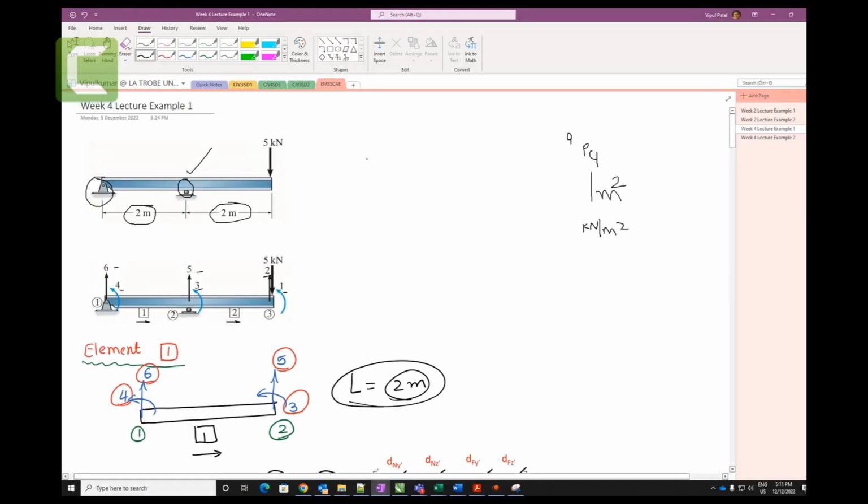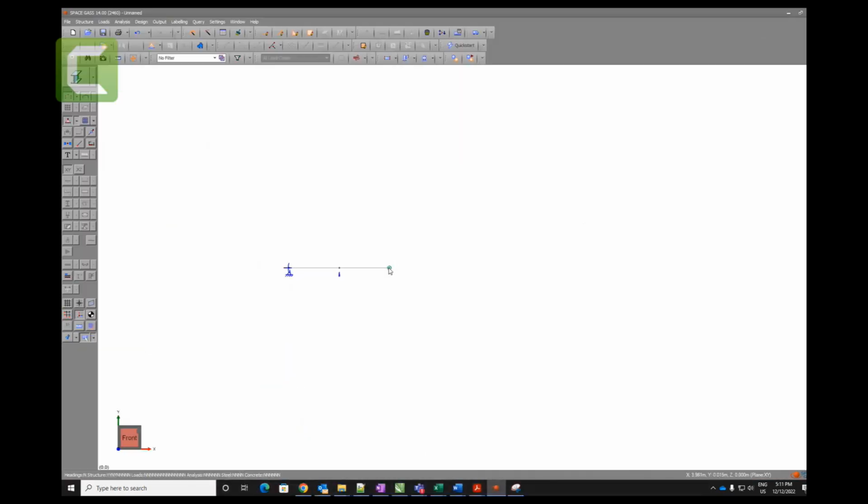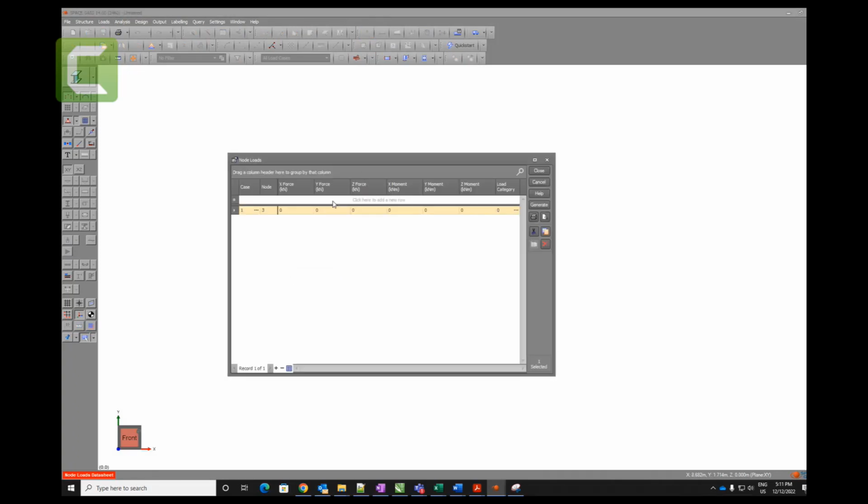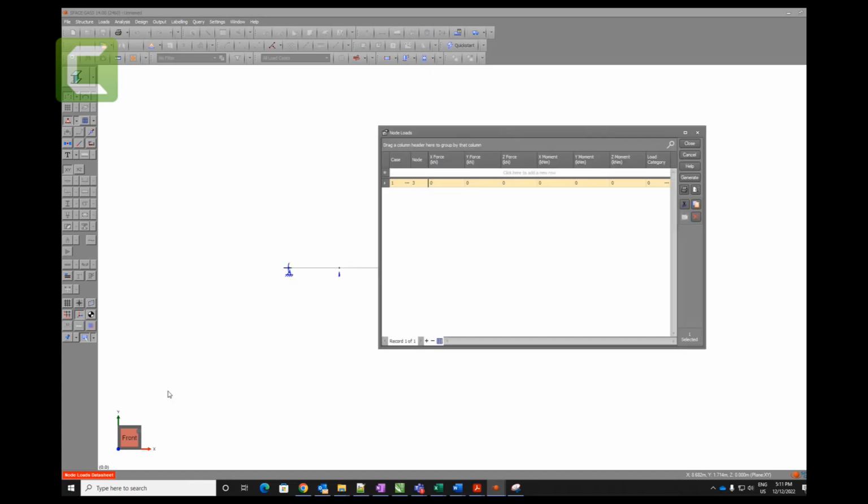Then you have a load of 5 kilonewtons. So you can click on here, one click, and then nodal loads on the top here. If you click on nodal loads, don't put anything here. We need it about the Y axis, because look at this, X and Y, and we are opposite to the Y, we are going down.